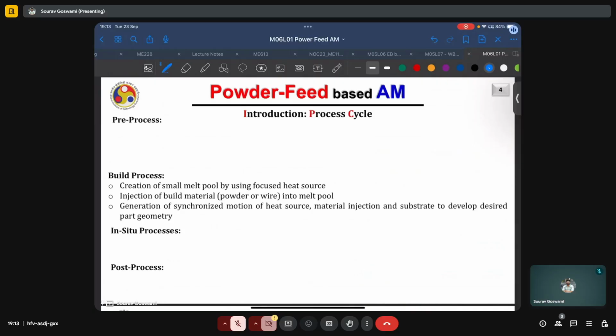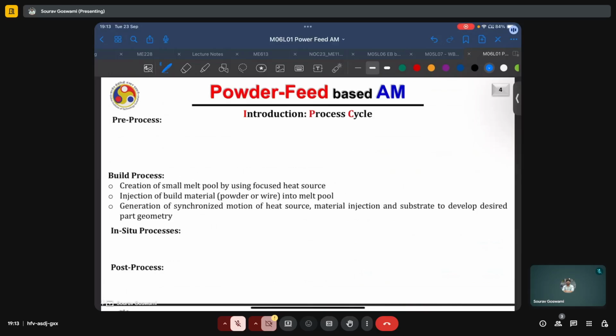And this can be done either layer by layer, or it can be done for the entire part as well, depending on the requirement. Say if it's a machining process, we can machine each layer to maintain their height accuracy, or we can machine at the end for a hybrid process to achieve the desired geometry or surface finish.